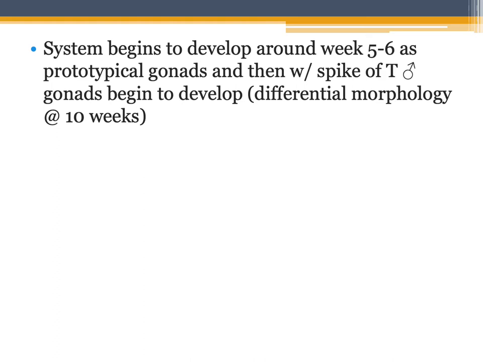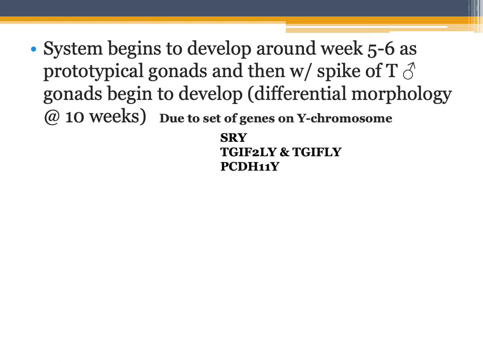This will be followed by secondary changes that will take place over the next few weeks, where we will actually start seeing morphological changes between the male and the female at around 10 weeks. This is due to a set of Y associated genes, the SRY, the TGIF2LY, and the TGIF-LY, as well as the PCDH11Y genes.